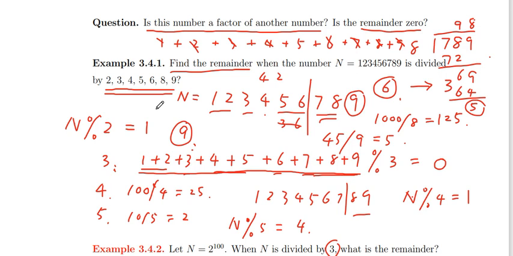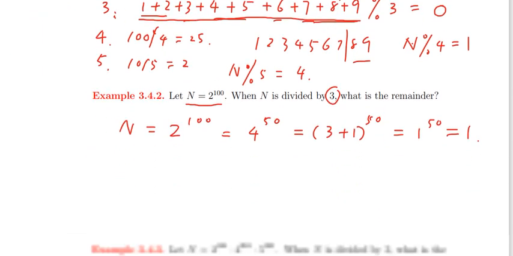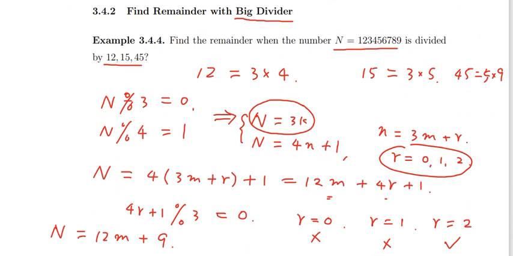Only 6 we have a little bit of trouble. So maybe we also can use this way: 6 equals 2 times 3. We check the remainder divided by 2 and the remainder divided by 3, then we can get the remainder divided by 6. So for those big dividers, use this method.